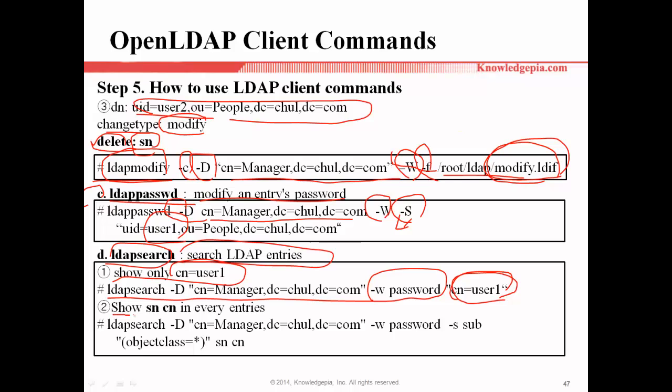Number 2, show sn and CN in every entry. For example, this one is the same as the previous command, with a subdirectory and objectClass, and where sn and the CN. Then this also will show all the entries in sn and CN.